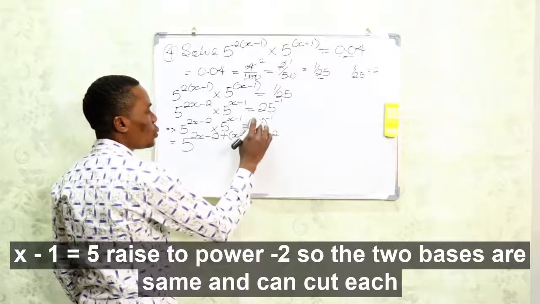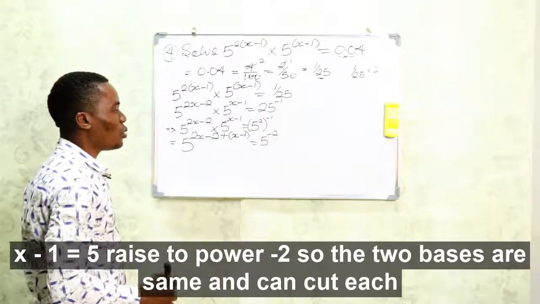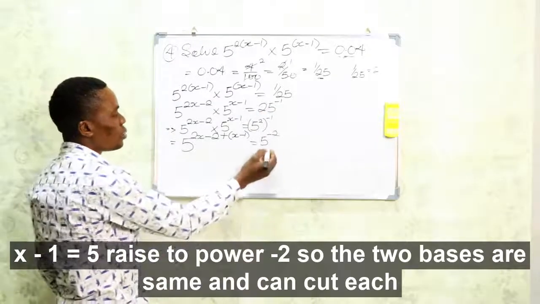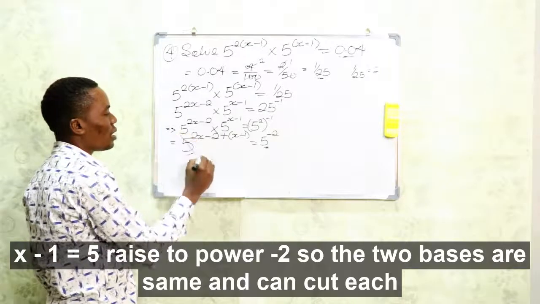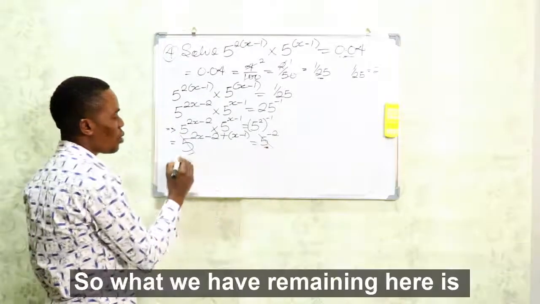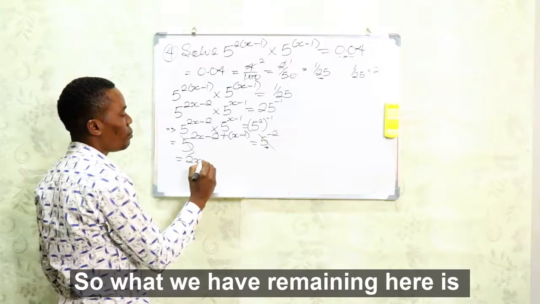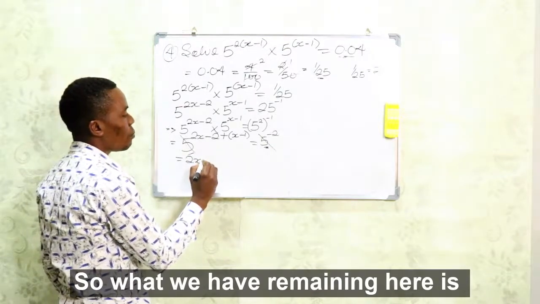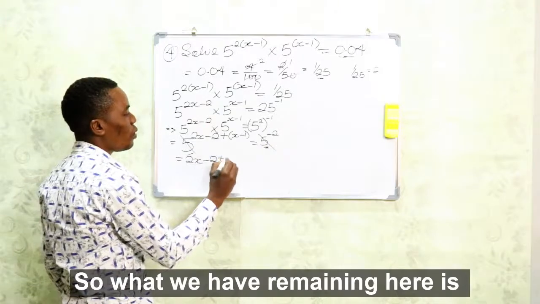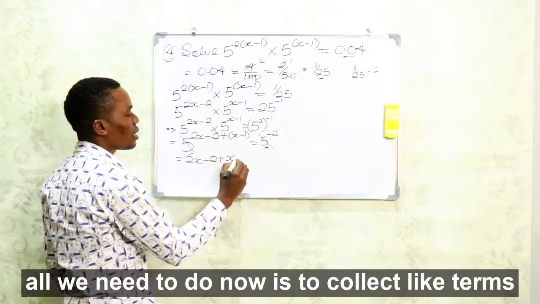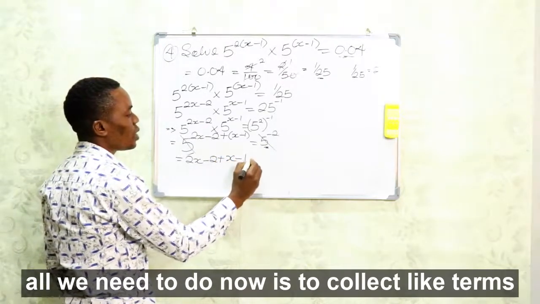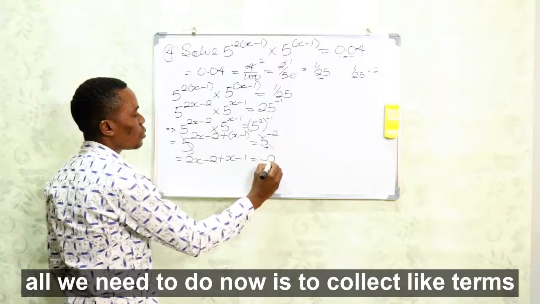Minus 2, because 2 times minus 1 is minus 2. Now you look at the two bases, they are the same. They can cancel each other. So what we'll have remaining here is the powers: 2x minus 2 plus x minus 1 equal to minus 2.